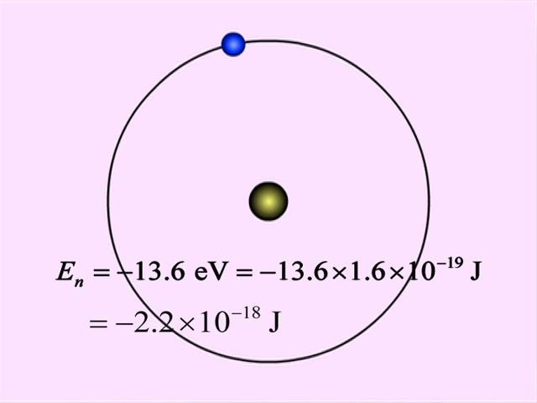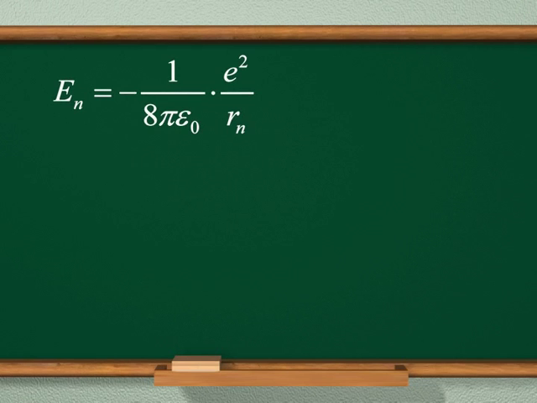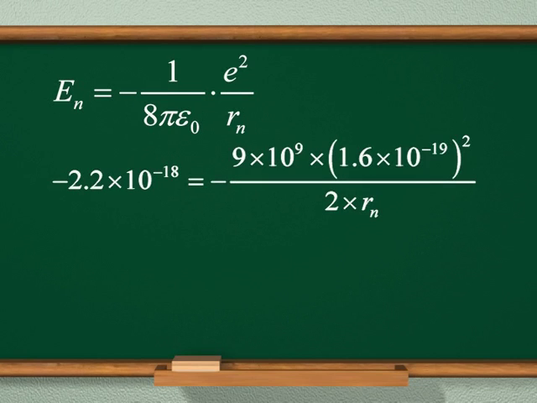Using the relation En equal to minus 1 by 8 pi epsilon naught into e square divided by Rn, we get minus 2.2 into 10 to the power minus 18 equal to minus 9 into 10 to the power 9 into square of 1.6 into 10 to the power minus 19 upon 2 Rn.